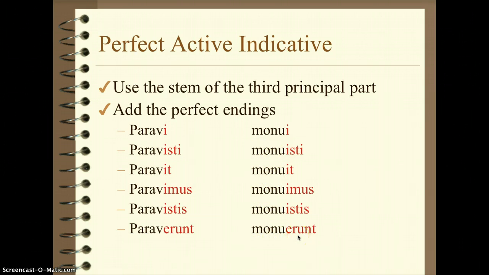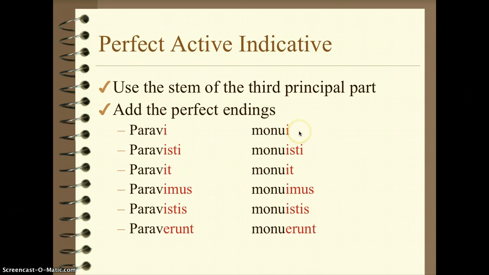You go to the third principal part, take off the I, and that's what you get in the black here. Now, we're adding the same endings. No matter what conjugation, no matter what the stem looks like, we're adding the same perfect endings. I, isti, it, imus, istis, erunt. And usually when I have you chant this, we say i, isti, it, imus, istis, erunt. You got to really punch the erunt there. Okay?